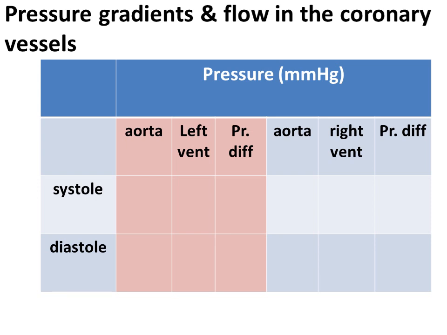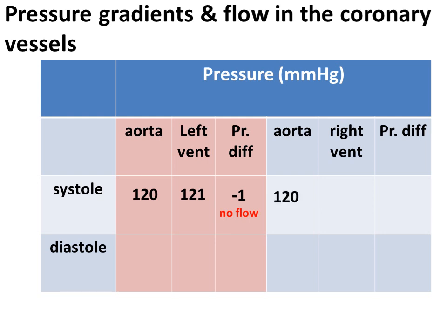Let's see the pressure difference during systole and diastole. In the aorta it is 120, in the left ventricle 121, so the pressure difference is -1 and there is no flow because of compression of the intramuscular coronary arteries.